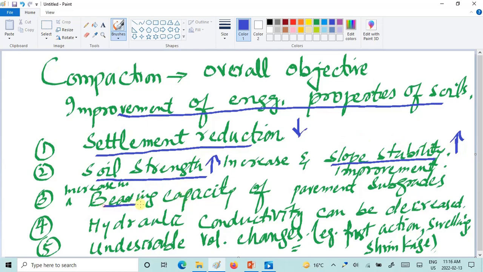Increase in the bearing capacity of pavement subgrades will also occur. Hydraulic conductivity can be decreased when we compact the soil, and undesirable volumetric changes, for example those occurring due to frost action, swelling and shrinkage, can also be controlled and reduced for various practical problems.